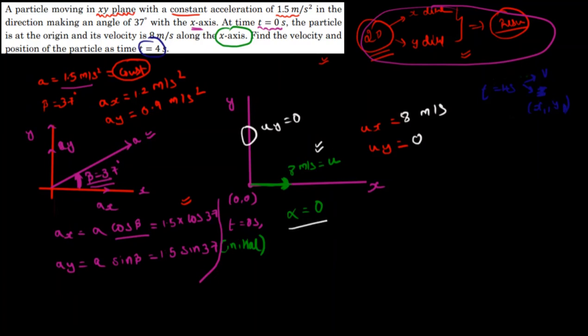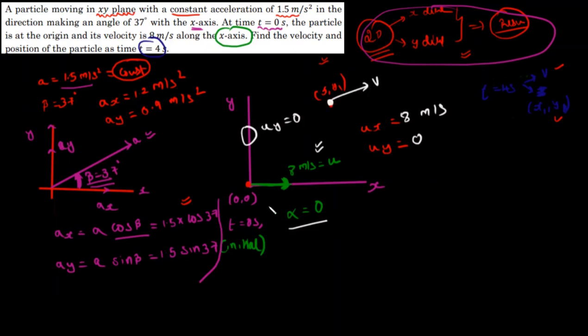Now they are asking us to find the final velocity v and the final position. The initial position was 0, 0. Let us consider it is traveling and reaching some position x1 comma y1. I need to find this position x1 comma y1 and the velocity.